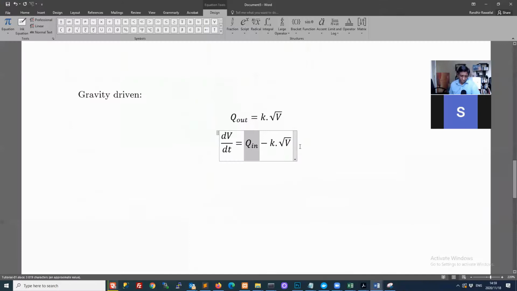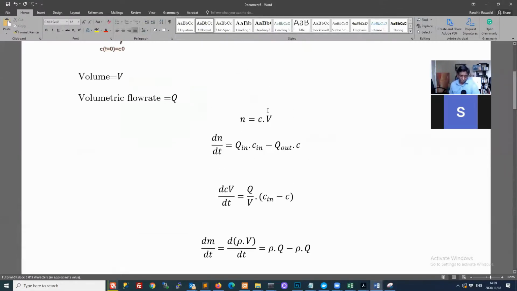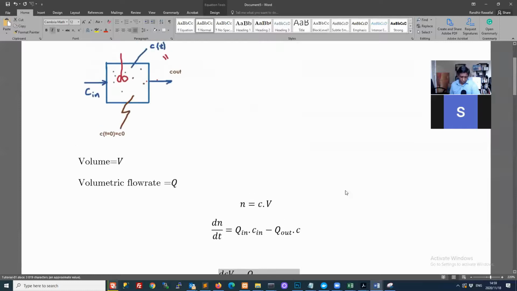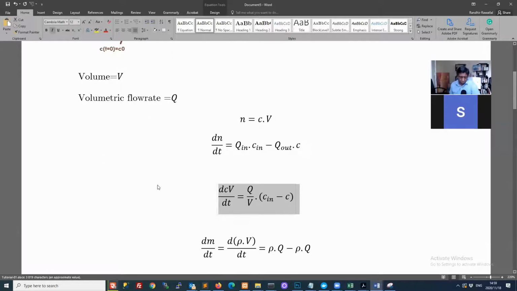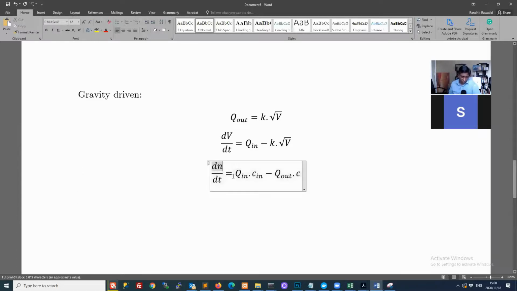And so we have to now retain this equation here. And so if we go back to the balance that we wrote here, well, in fact, this was the version where volume was constant. So we have to go back to here. So our material balance on the component, where we wrote this as CV, now we have to expand this term.